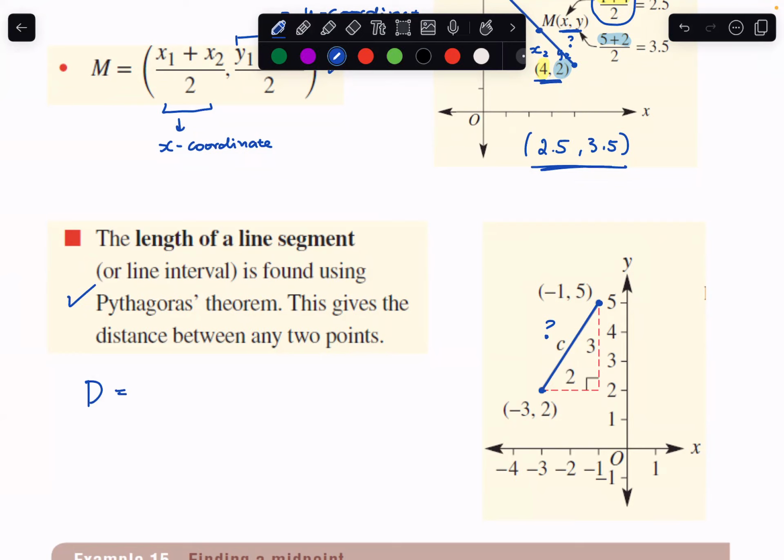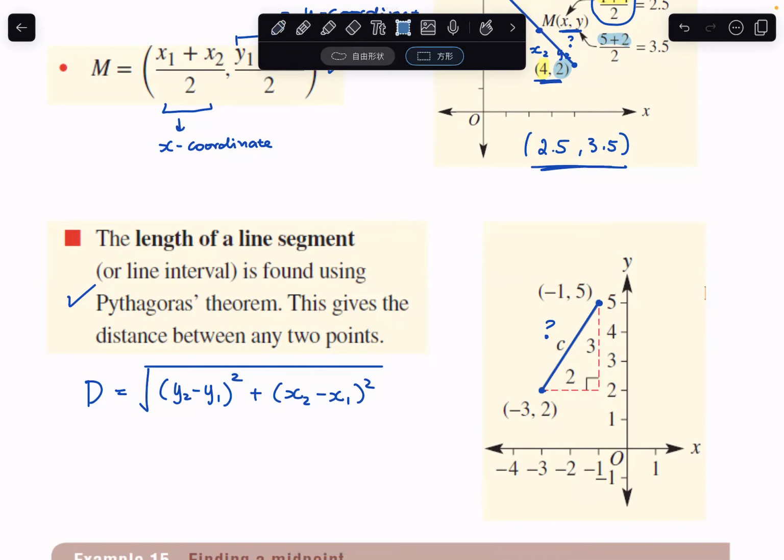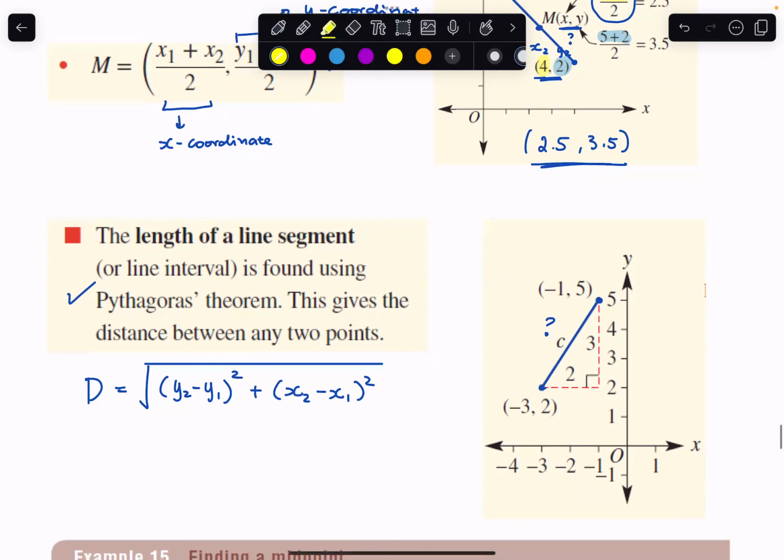The distance equals, all right, we have a big square root, bracket, and then we have y2 minus y1 to the power of 2, okay? Plus x2 minus x1 to the power of 2, all right? These two, x1, y1, x2, y2, it doesn't matter what the order is, okay?